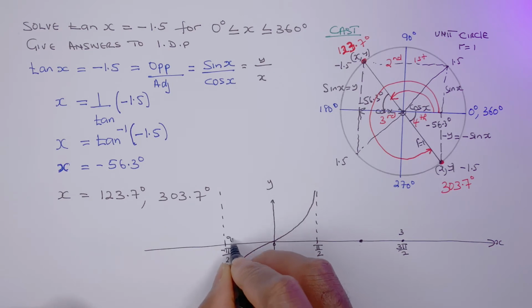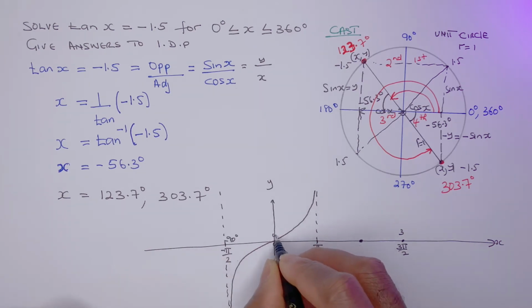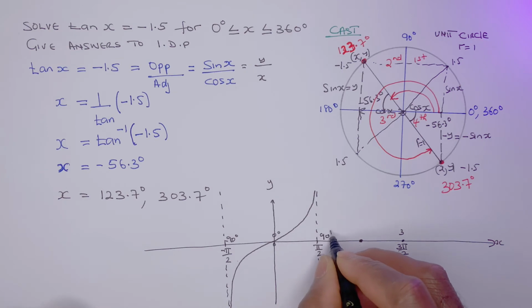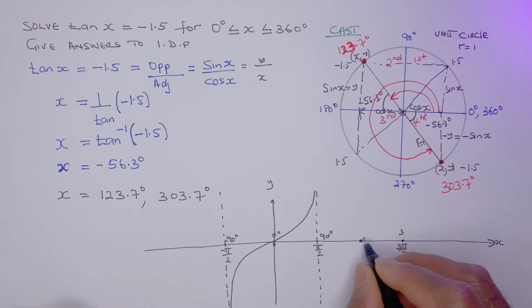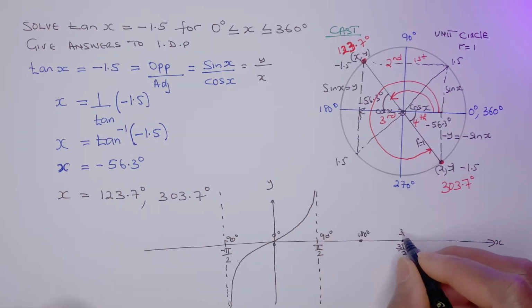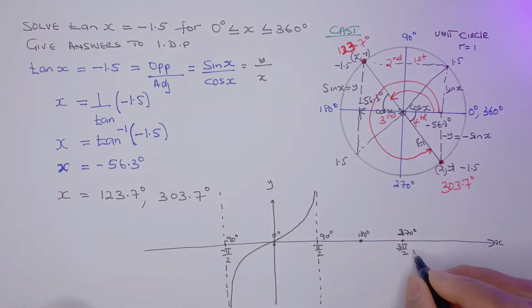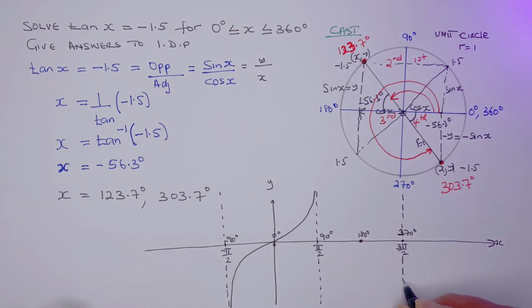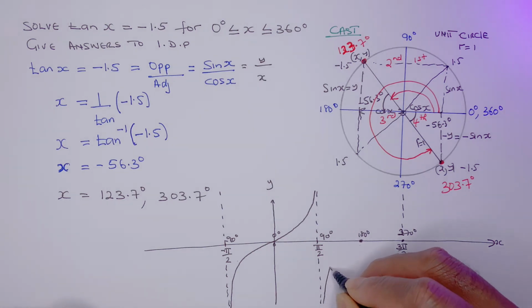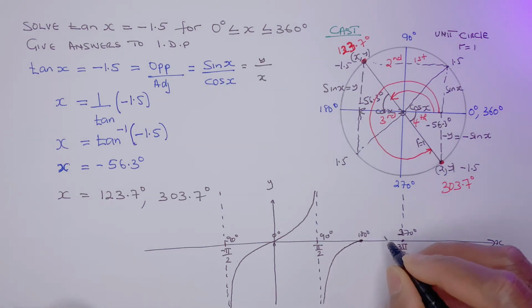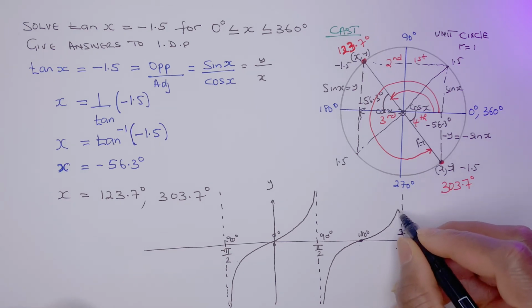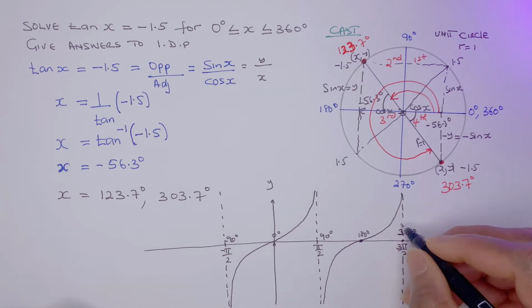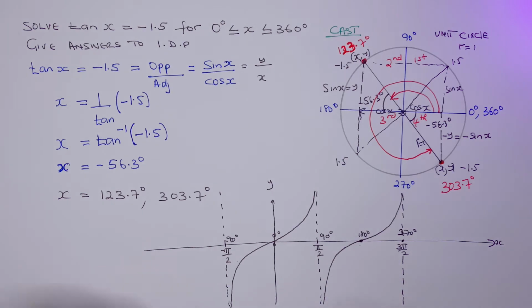And as I said, this is minus 90 degrees, 0 degrees, plus 90 degrees. That is 180 degrees, and this is 270 degrees. And so that's another line of asymptote for the tan function. And it will go through 180 degrees. So tan of 180 degrees is 0, and all the way to the line of asymptote at 270 degrees. So that's 2 periods for tangent.